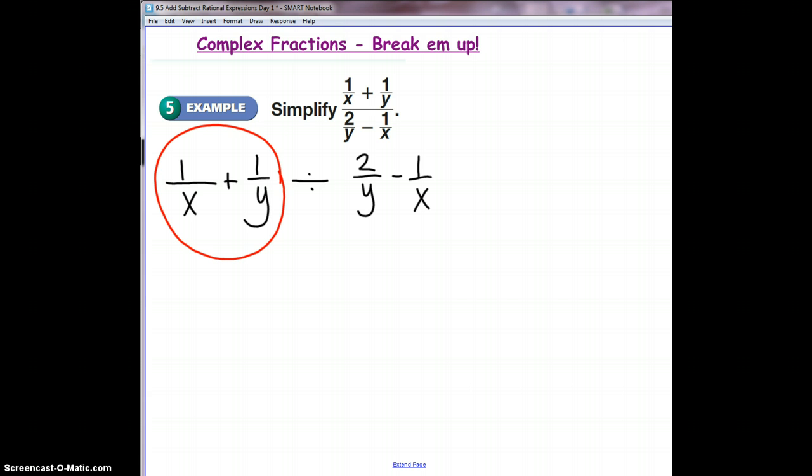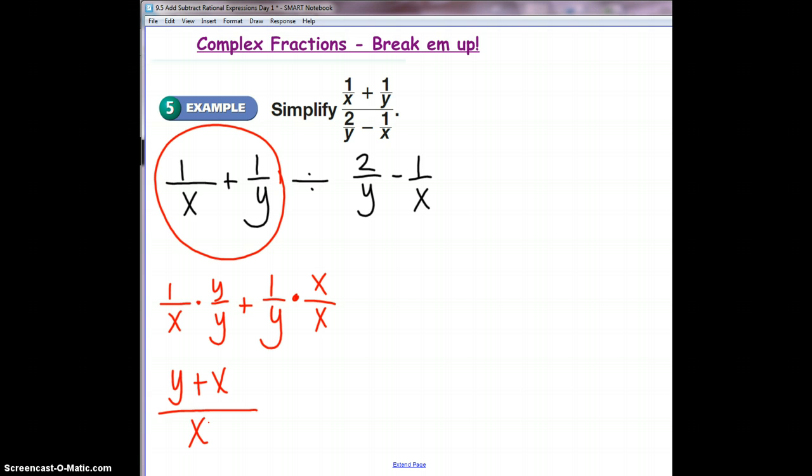So this x needs a y. The y needs an x. What we're going to end up combining is a y plus an x, and that's over xy.